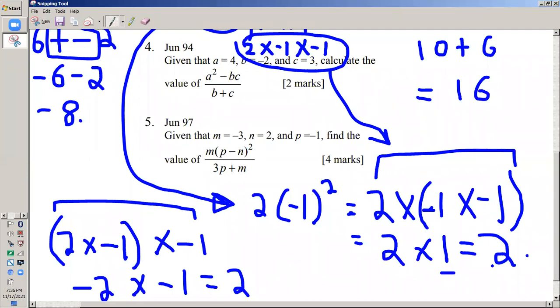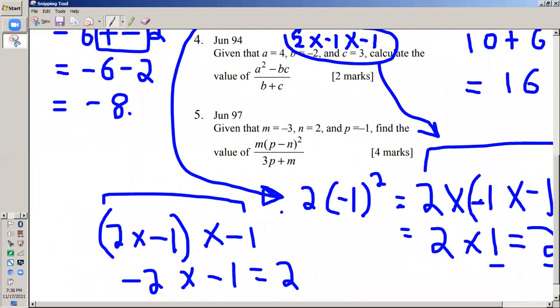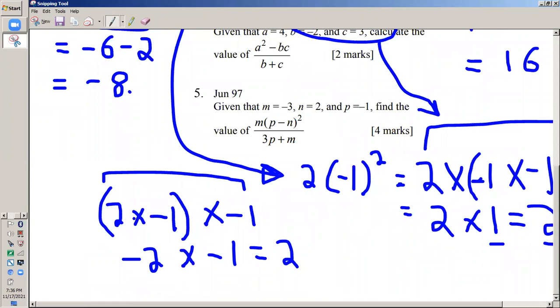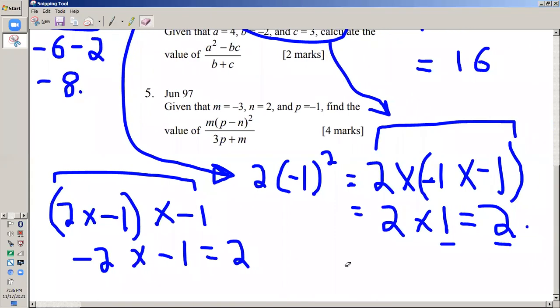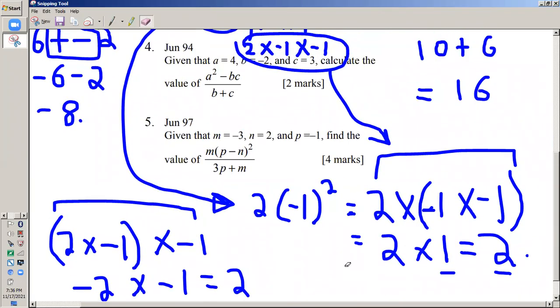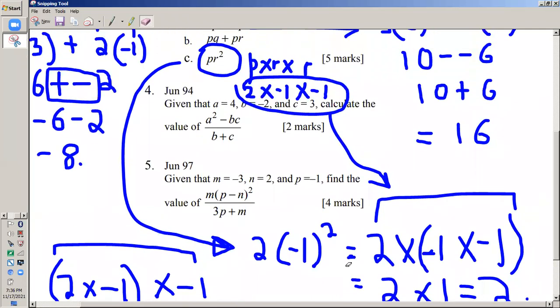And 2 ones? 2. Or you could work with the first 2. What's a positive times a negative? Negative. And what's 2 ones? 2, and you work out -1. And then negative and negative give you what? Positive. What's 2 ones? 2. Okay, sir. All right. Anybody else want me to explain anything that you're not clear about?